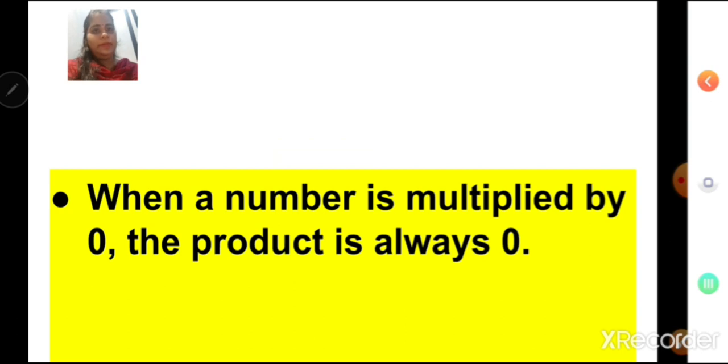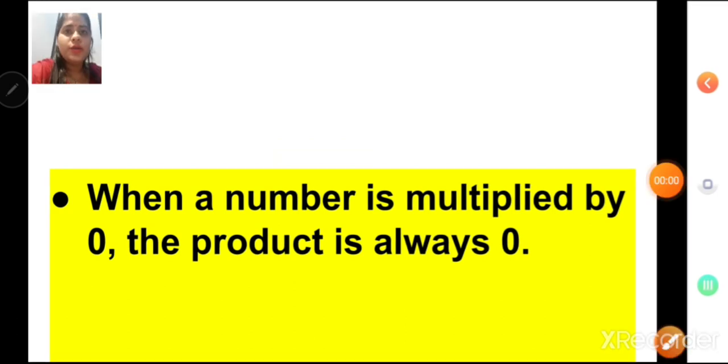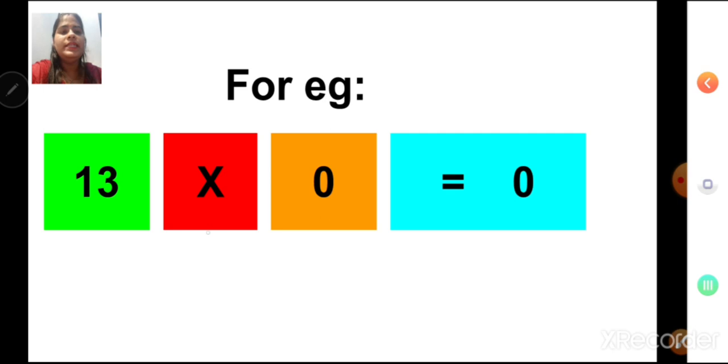The last multiplication fact is, when a number is multiplied by 0, the product is always 0. It is very easy, right children? When we multiply any number with 0, the answer will be 0 only. For example, 13 multiplied by 0 is equal to 0.